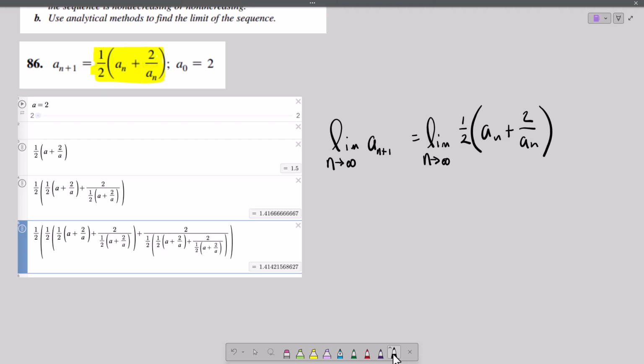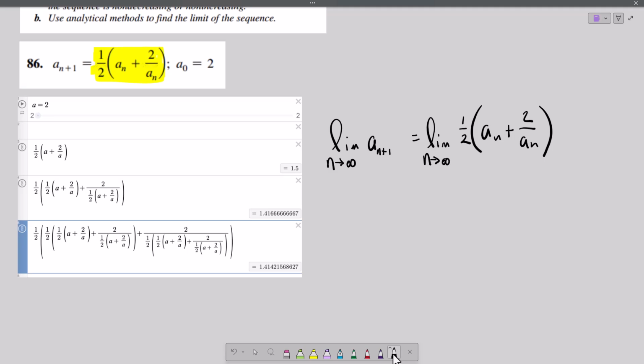So n starts at 0. The sequence on the left is a sub 1, a sub 2, a sub 3, etc. The sequence on the right starts at 0, so it's a sub 0, a sub 1, a sub 2, a sub 3. So these sequences are the same, except this one has one fewer term. It's missing an a sub 0.